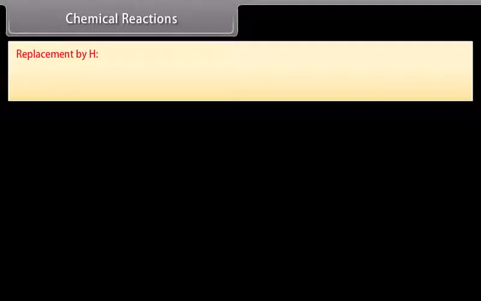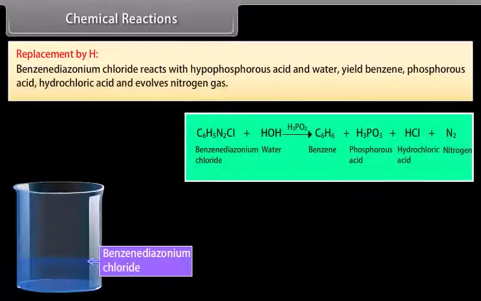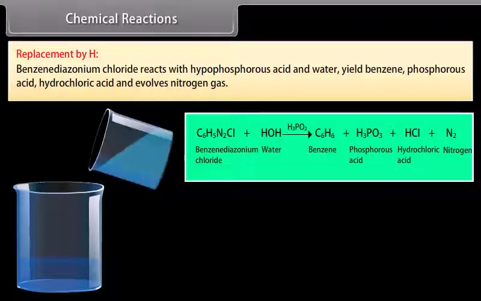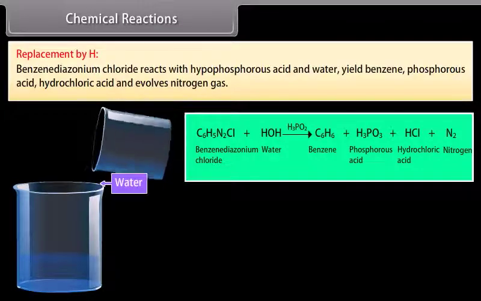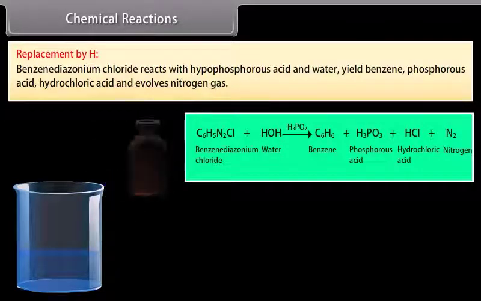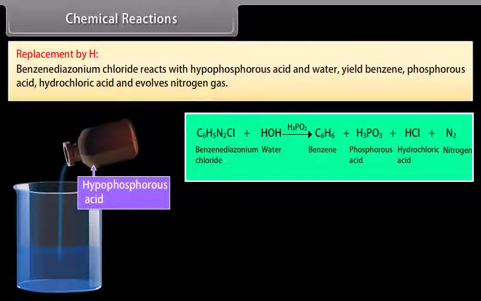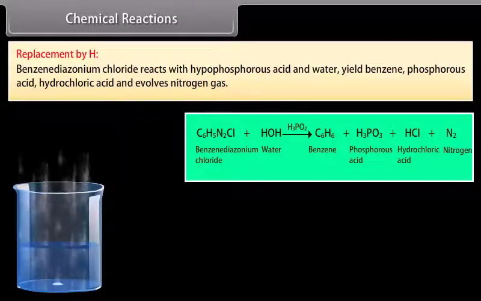Replacement by H. Benzene diazonium chloride reacts with hypophosphorous acid and water, yielding benzene, phosphorous acid, hydrochloric acid and evolving nitrogen gas.